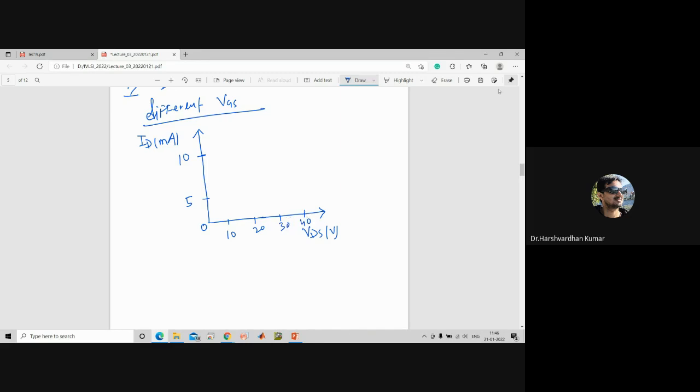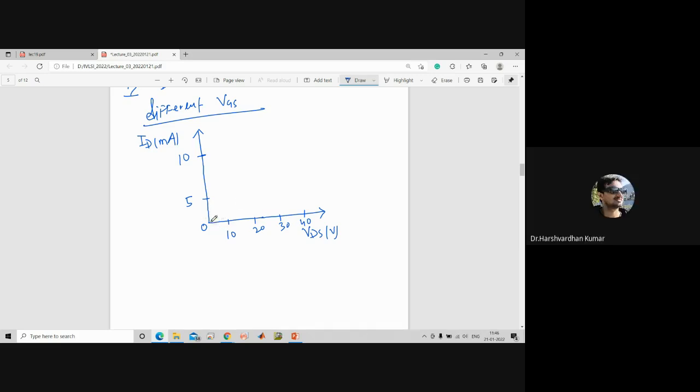So what will happen when the VGS is less than VTH? Anyone remember what will be the amount of current? Yes, it's a very small current, like the reverse saturation current.